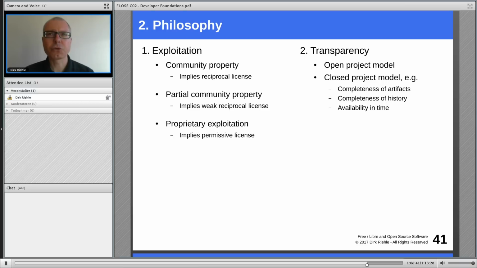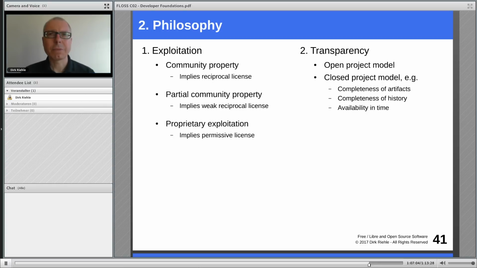Under philosophy, I've grouped how the foundation sees the use or exploitation of its resources, that is the community open source software. What form of property is it? How strongly do you want to regulate it? So would you choose a copyleft license or a permissive license?